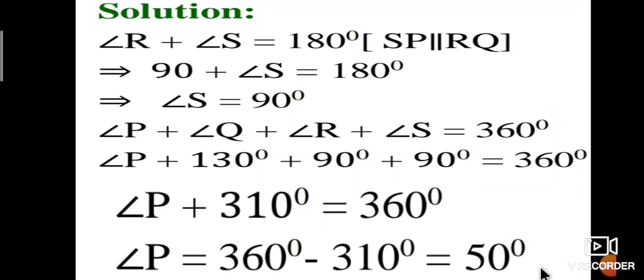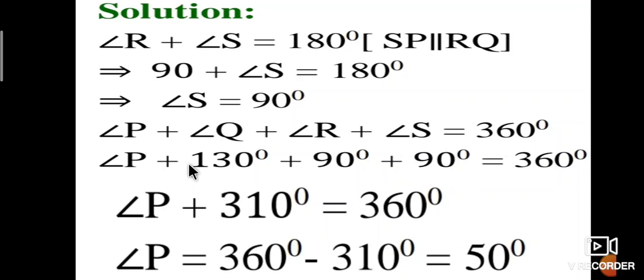This is the solution. Observe this one. Angle R plus angle S is equal to 180 because SP is parallel to RQ. Therefore, 90 plus angle S is equal to 180, so angle S is equal to 180 minus 90, which is 90 degrees. Therefore, angle P plus Q plus R plus S is equal to 360 degrees because the sum of the angles of a quadrilateral is 360.